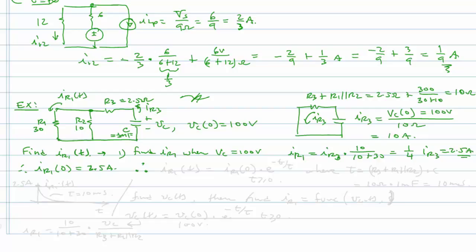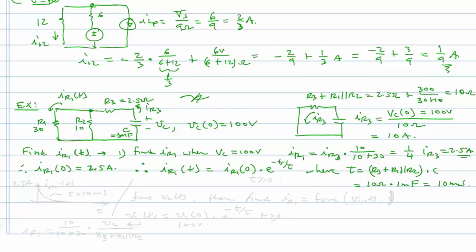Okay, so therefore we can write IR1 of t is equal to IR1 at time 0 times e to the minus t over tau, where tau is equal to R3 plus R1 in parallel with R2, times C. That's 10 ohms times 1 millifarad, so that's 10 milliseconds.